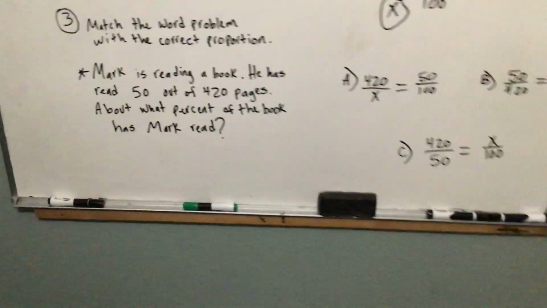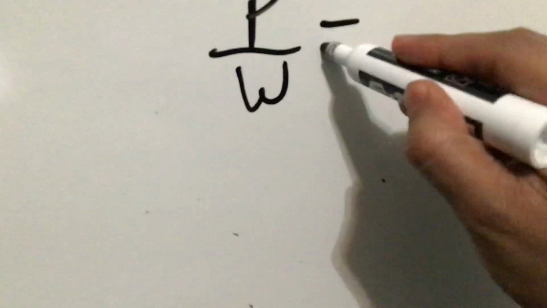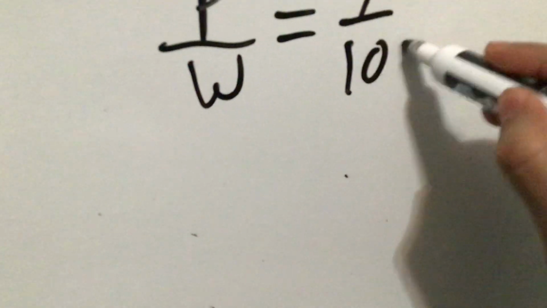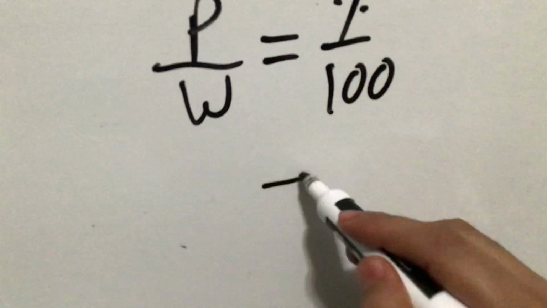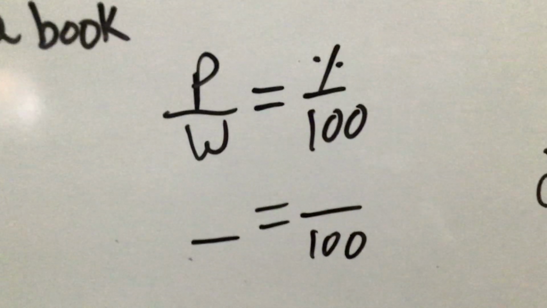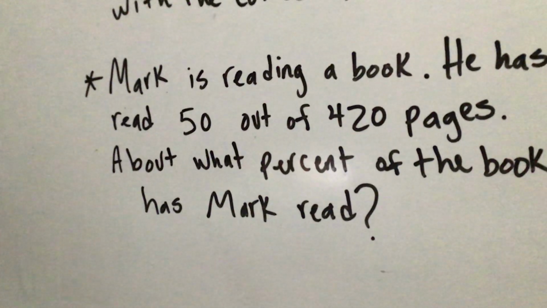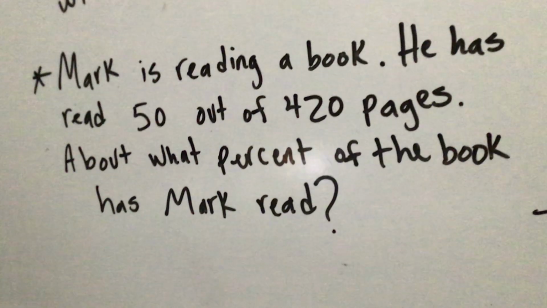Well, again, we can continue with the proportion as step number one. So we write down part over whole, percent over 100. Again, the 100 is the only number that is repeating. And on top of the 100, again, we look for the percent sign. So let's look for a number that has a percent sign and we do not see it.